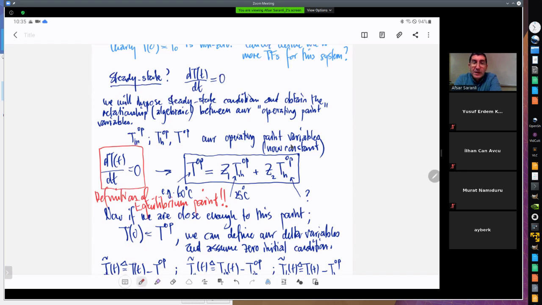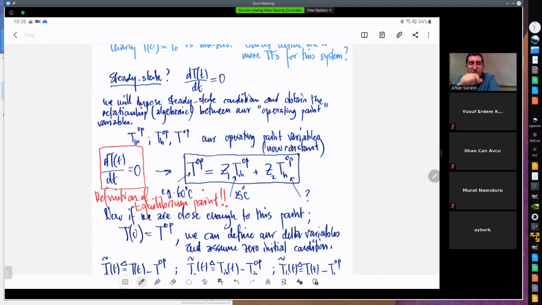Well, that is possible by changing the operating point. How you can change this equation gives you the freedom to do that. Because if T operating point is, rather than 60, 55, now you can calculate from this equation a new operating point for the heater.